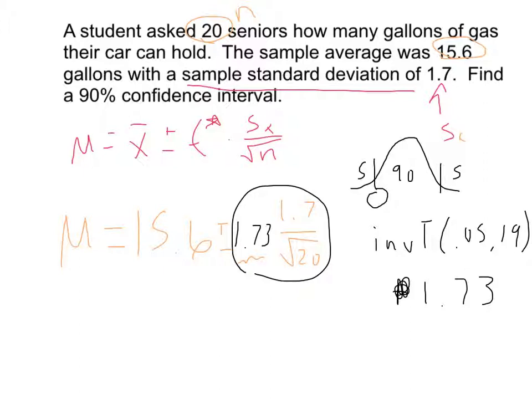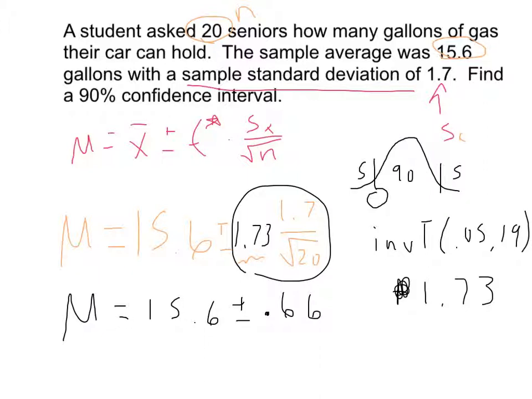So we just plug that into our calculator. And we get 0.66, if we just round that off. So 15.6 plus or minus 0.66. And if you even rounded that off to 0.7, that would be fine. And that is equal to our population mean, which we call mu.